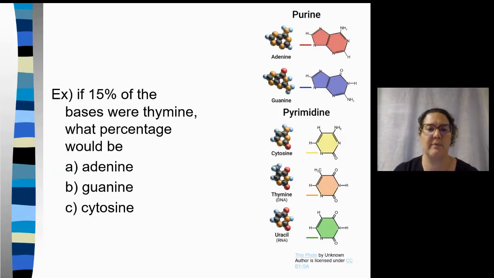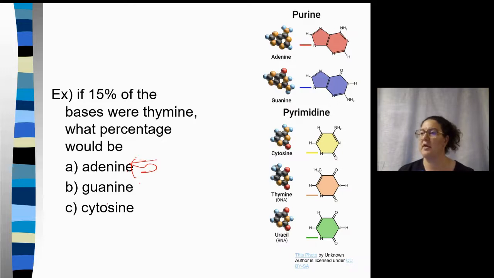So when we look at this example, if 15% of the bases were thymine, we want to see how many of the bases are going to be adenine and guanine. Thymine pairs with adenine, so 15% are adenine.